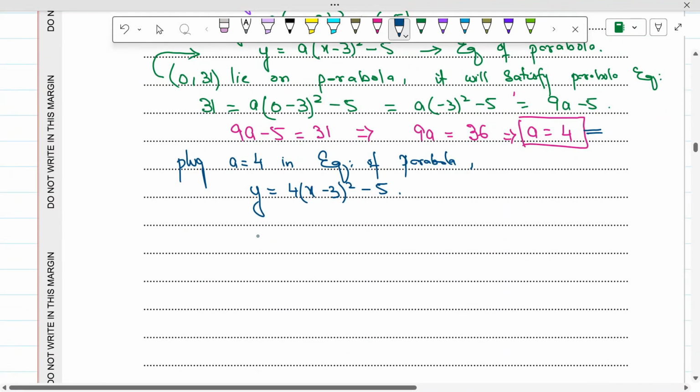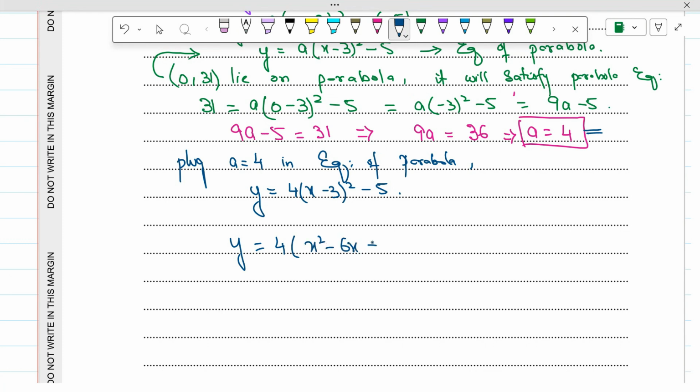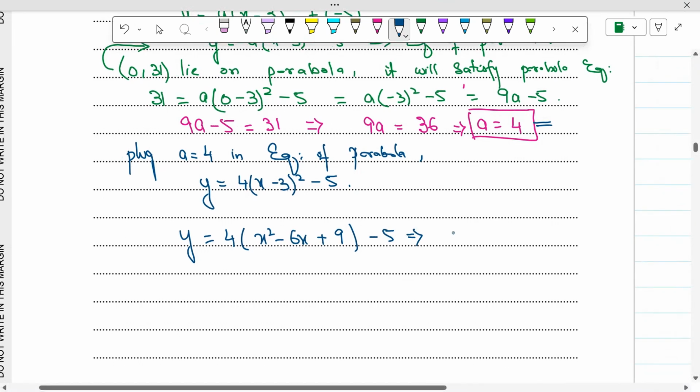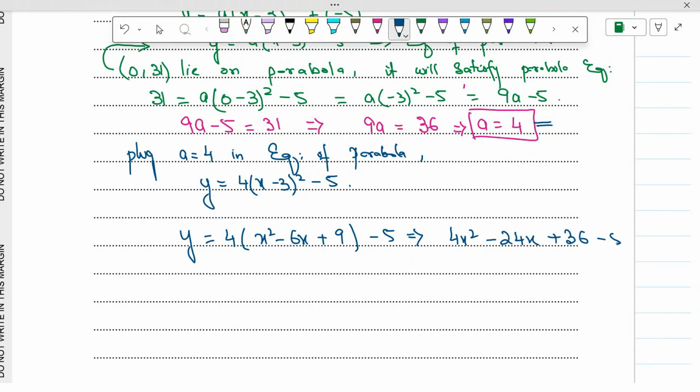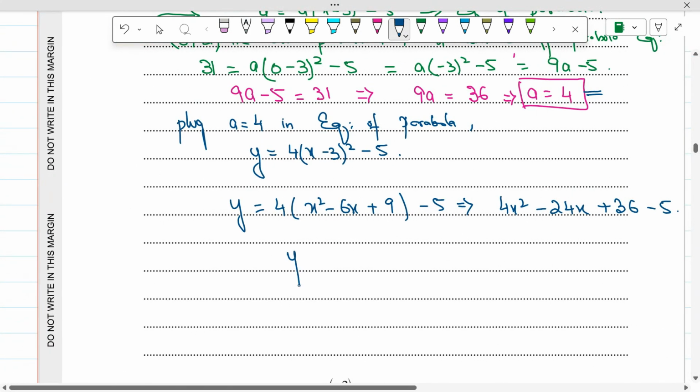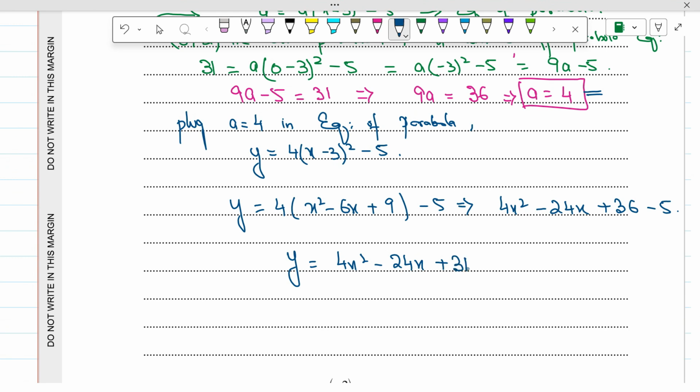Solving, 4 times (x minus 3) whole squared is 4 times (x squared minus 6x plus 9) minus 5, and this equals 4x squared minus 24x plus 36 minus 5. So we have y equals 4x squared minus 24x, and 36 minus 5 is plus 31.